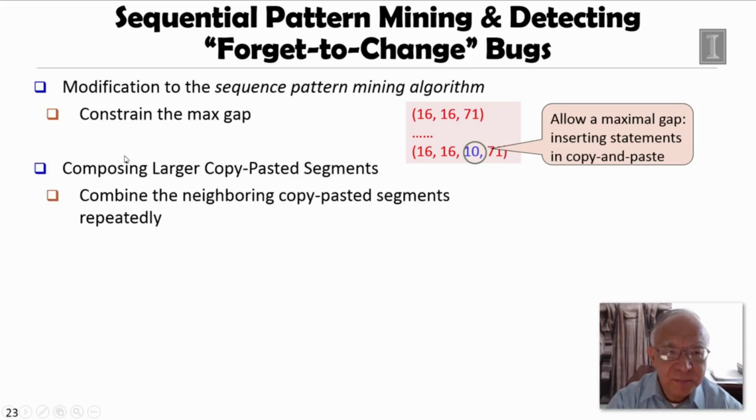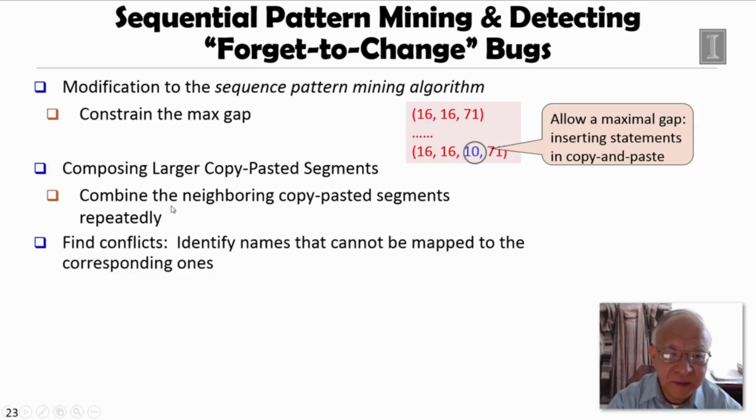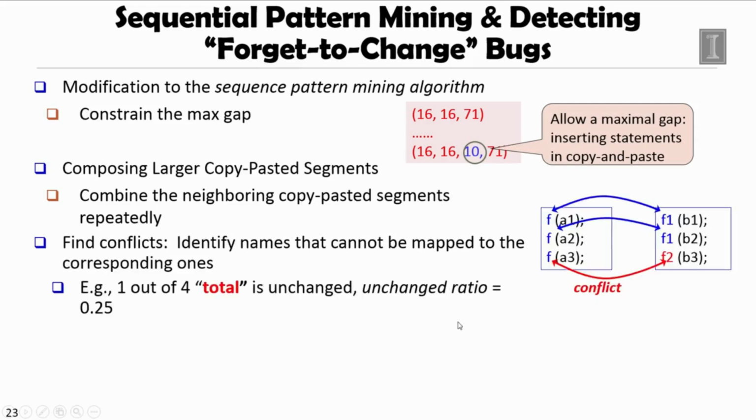Then we can compose larger copy and paste segments because they have many things in common. We can combine neighboring copy and paste segments repeatedly. Then we try to find conflicts, essentially identifying those names that cannot be mapped to the corresponding ones.